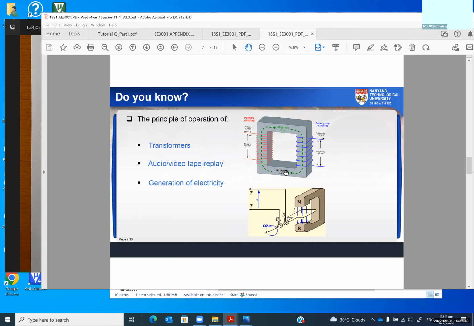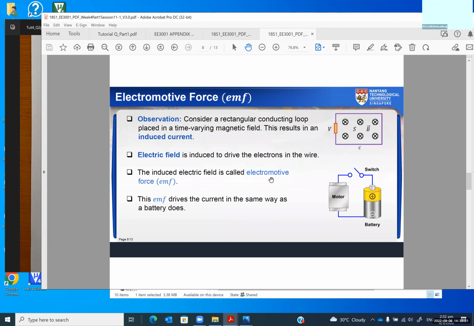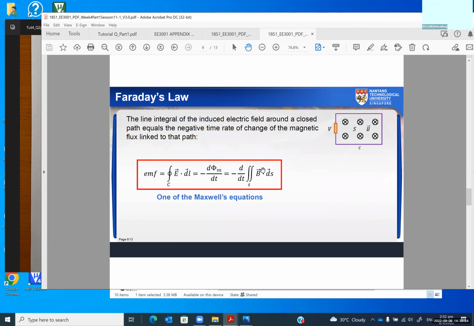How exactly it is quantified is Faraday's law. For the EMF generated, first you have to take the magnetic flux density and multiply by the area to get the total flux. Why is it a double integral? It's to ensure that the area is small enough that B is constant. Of course, if your B is uniform, then it's just B times the area. Next, you have to find out how it changes with time.